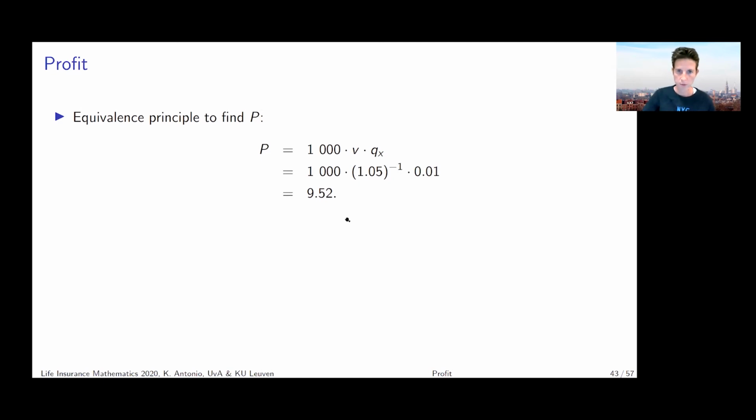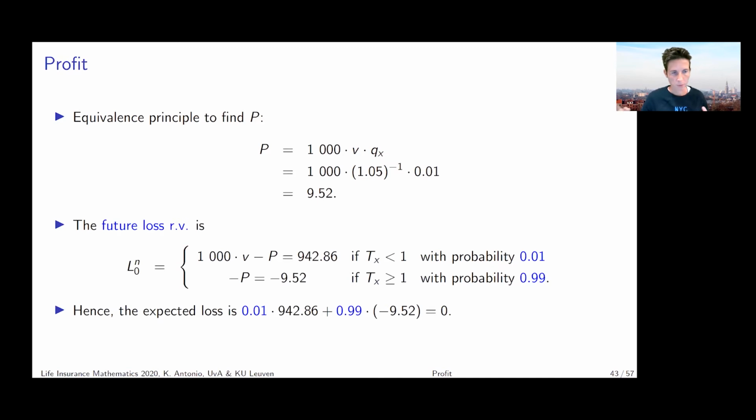Now, if I look at the future loss random variable, and at the actual outcomes or realizations that this loss random variable can take, well, I only have a one-year contract. So there are two scenarios that can unfold over time. Either my policyholder dies at age x before reaching age x plus 1.